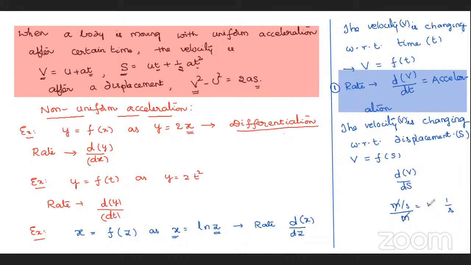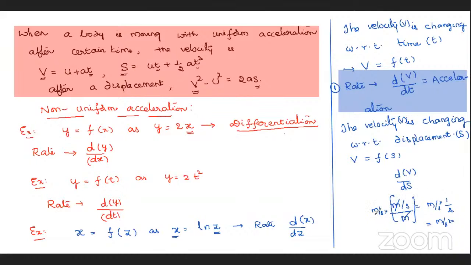If I multiply with meter per second, meter per second into 1 by second, I will get meter per second square. Who is this? It is the unit of whom? Acceleration. Very good, acceleration.